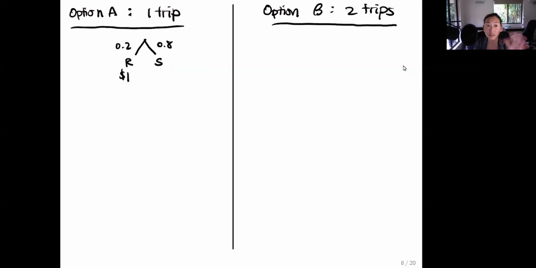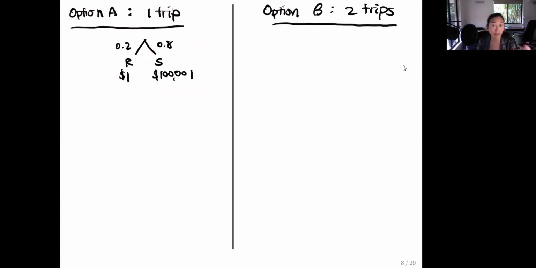It's not completely zero, because she still has $1 in the bank. If she didn't get robbed, she is safe, and she would have this wealth. So these are her two possible wealths, and we know the wealth for each event and also the probability associated with each event.